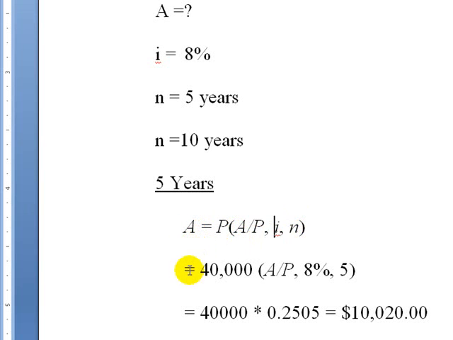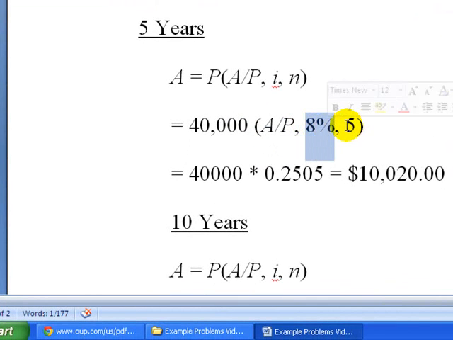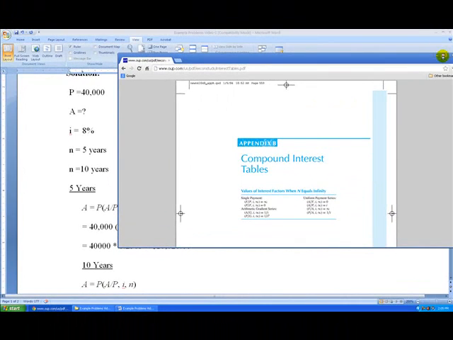So we start putting in the values. P is $40,000. A given P is what we need to find out. I is 8% interest rate and N is 5. Next we look at the compound interest tables at the back of the book. I'm going to open that here, and 8% is important, right?